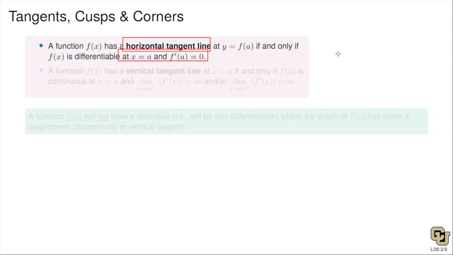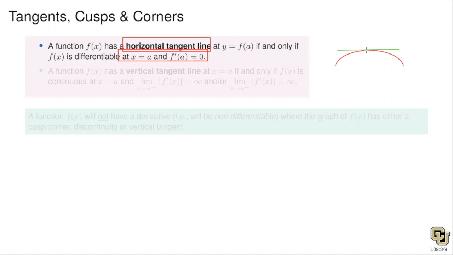So let me do a quick example here. If we have a function that's a parabolic shape like this, consider any point on the graph where the slope is 0. Here at the very peak, the slope of the curve, the slope of the tangent line, is 0. And think about what that means.